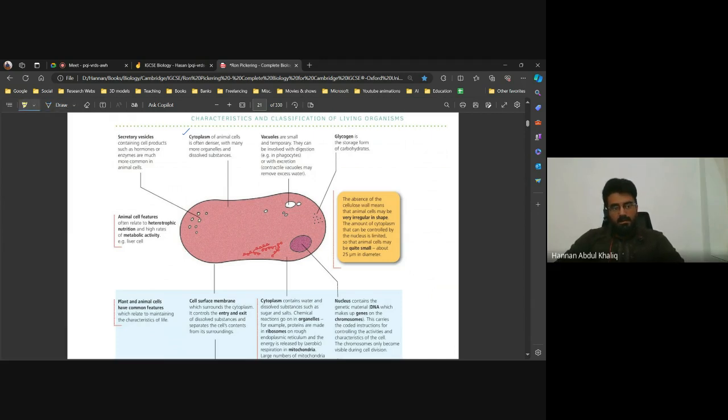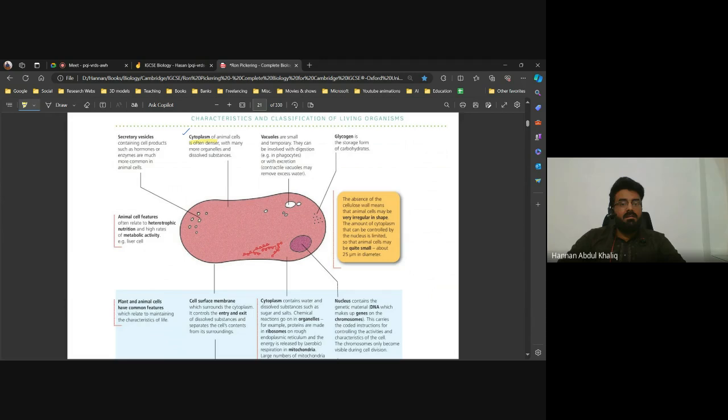If you focus here, they are saying that the animal cell cytoplasm is often denser, which means that it is a bit thicker. It may have a high viscosity.